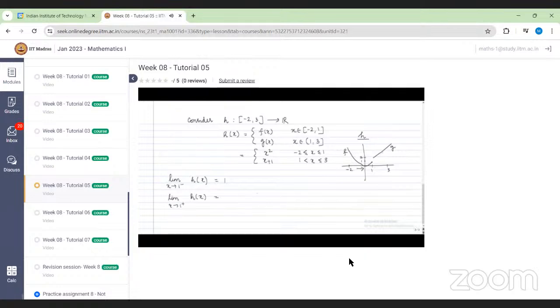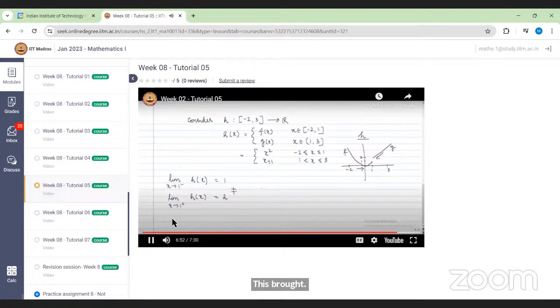Here only, ma'am. Now, ma'am will draw that this limit is approaching 1 plus through this direction. This is what I'm not getting. Either the limit approaches from this direction or from the right direction, along the x-axis only, no, ma'am?